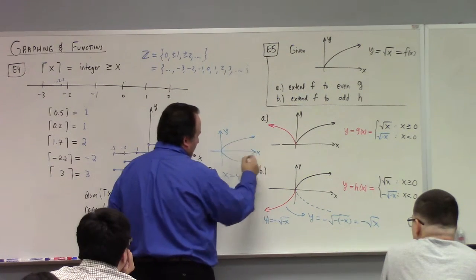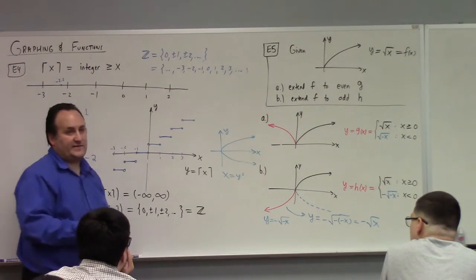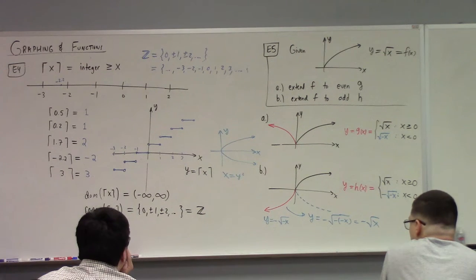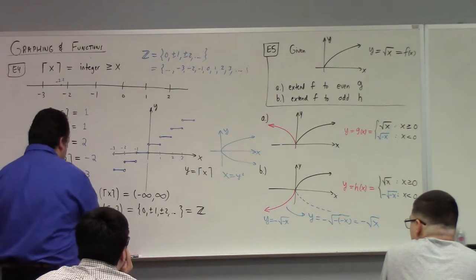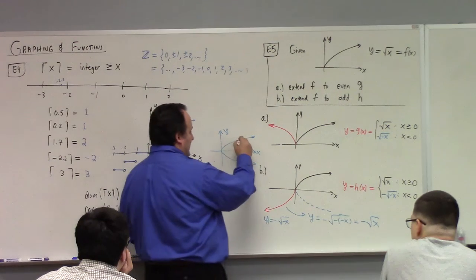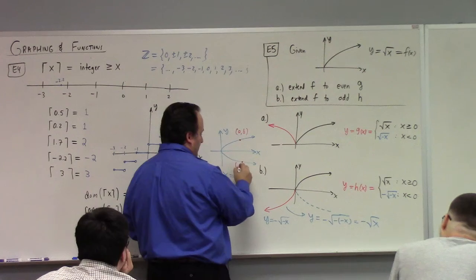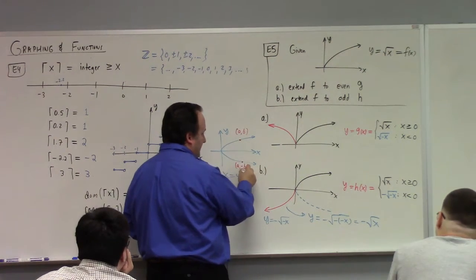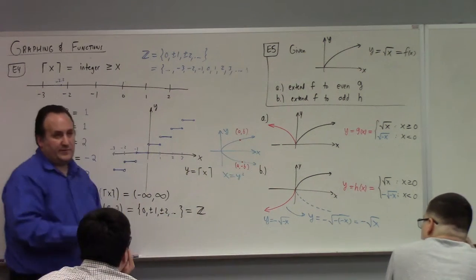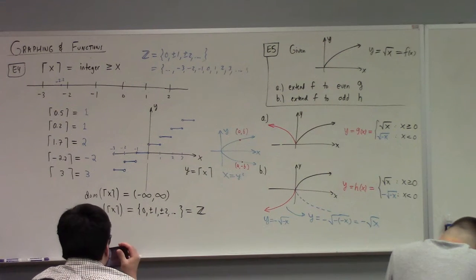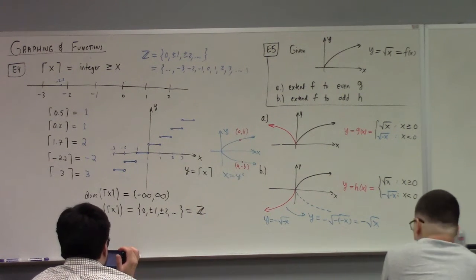And since you brought it up, this graph has symmetry with respect to not the y-axis, but the x-axis. Symmetry with respect to the x-axis means that you can pair this point with that point: a comma b gets paired with a comma minus b. Why don't we talk about symmetry with respect to the x-axis for graphs of functions?